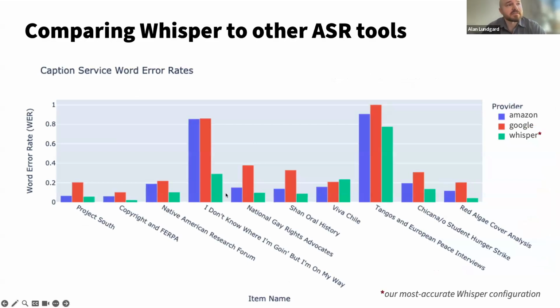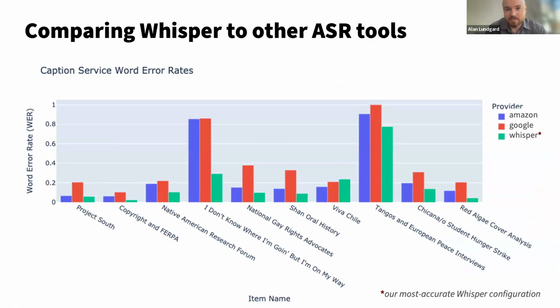So the third phase of our testing compared our Whisper model configurations to some of its competitors, in particular Amazon Transcribe and Google Speech to Text. Those prior pitfalls that I just mentioned, notwithstanding, Whisper still really did a lot better than its competitors in those cases.